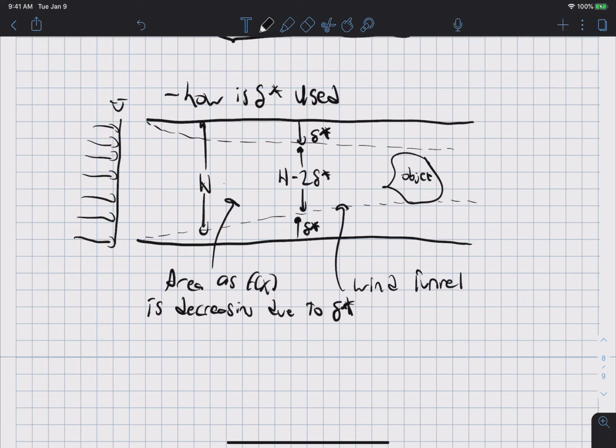And if you think back to conservation of mass, if we assume incompressible flow, then U will increase as x increases, because the effective flow area is decreasing as a function of distance down the wind tunnel.